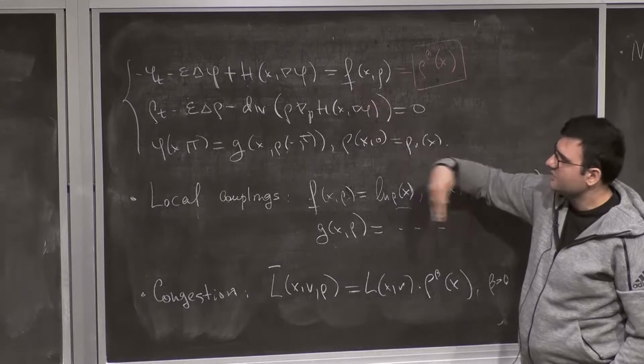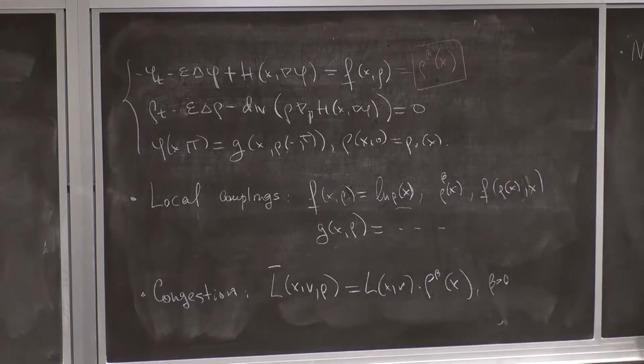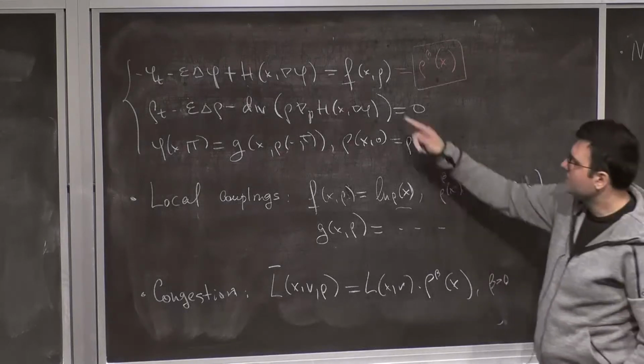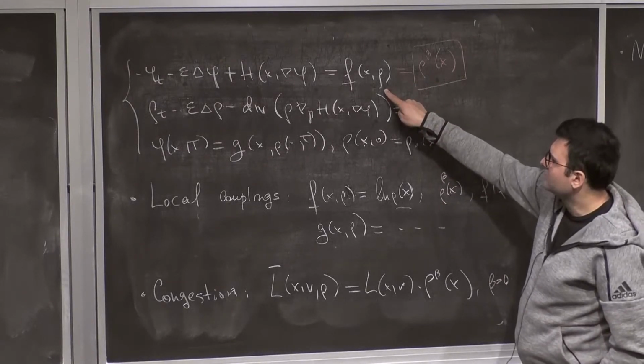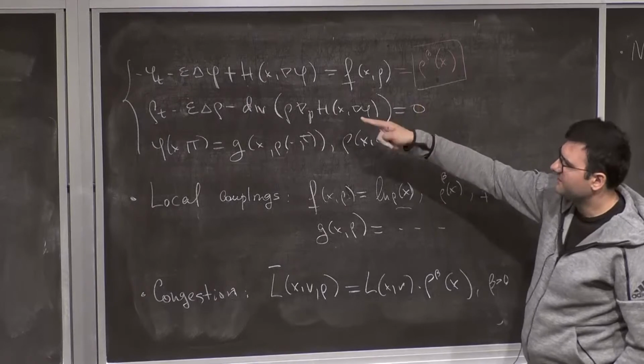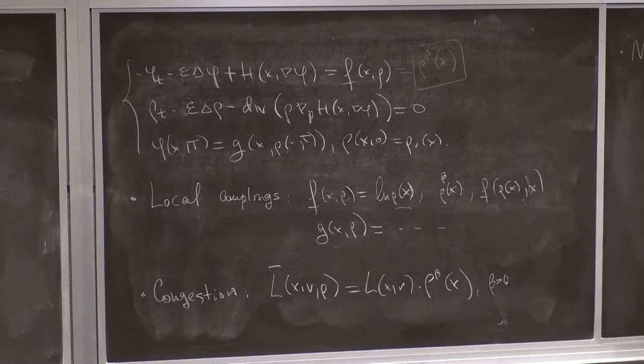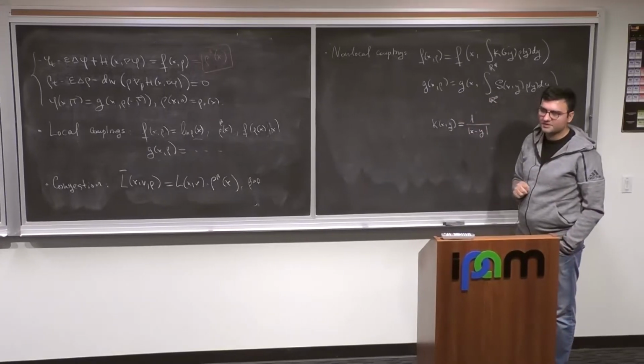If you don't have this, you have to work it out. So you have to prove things, and in general, the type of solutions that you get, I think, are rho in L^p spaces and phi in Sobolev spaces, but something like that.